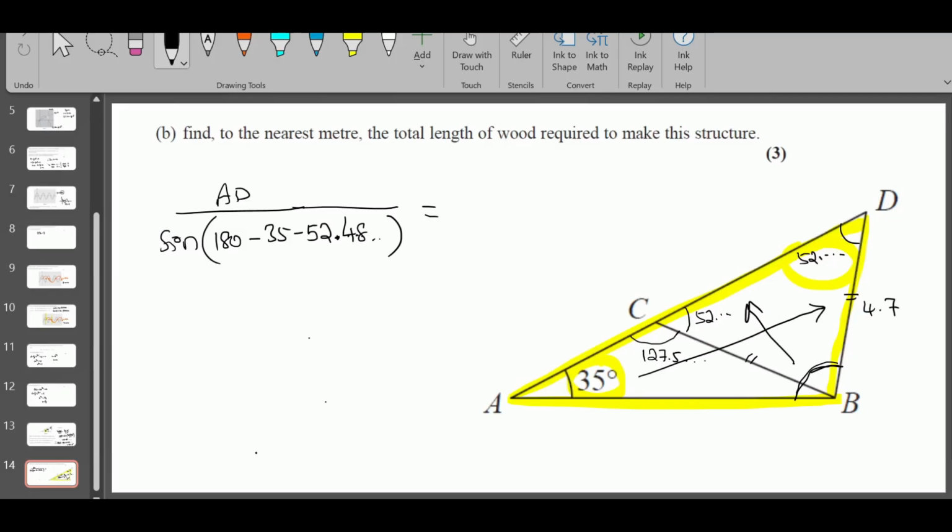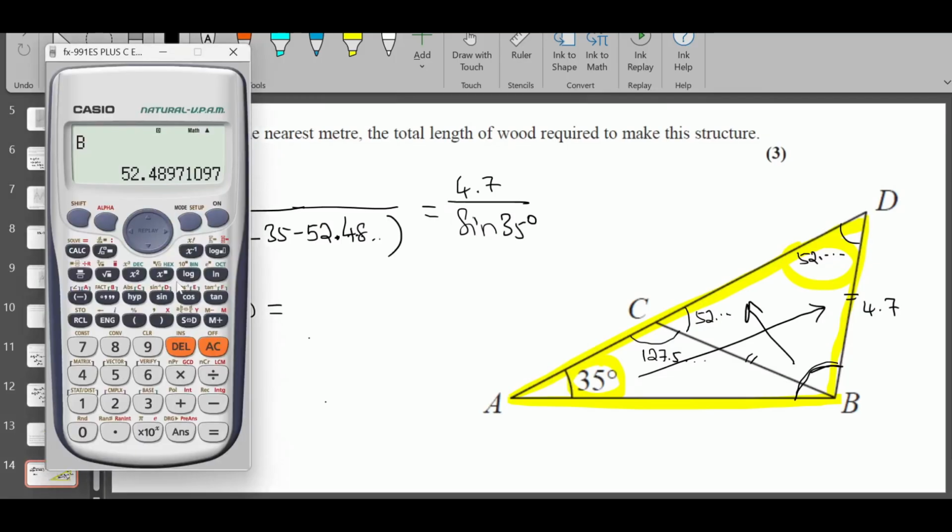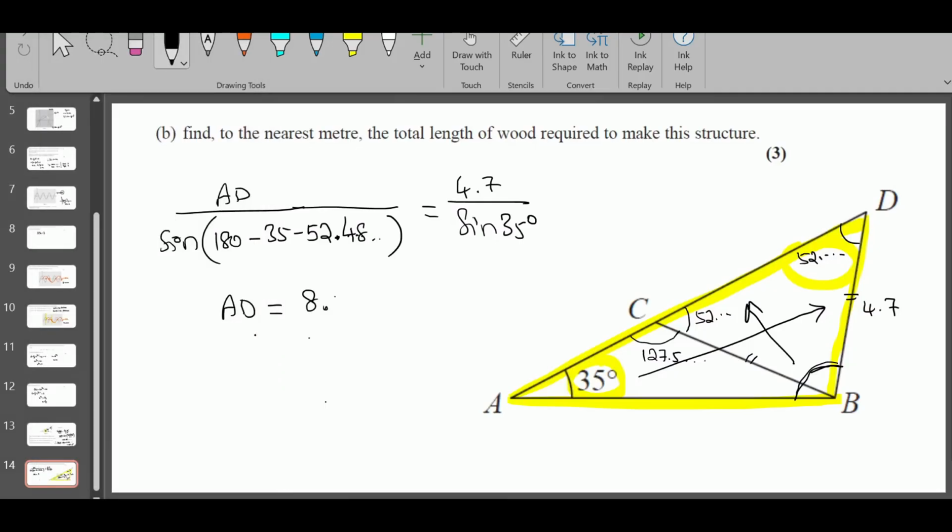We know this side is 4.7, so 4.7 divided by sine 35 degree. So we can calculate AD from here. I'm going to write it as 4.7 times sine of 180 minus 35 minus 52 point something, I stored it as B, divided by sine 35, 8.186 dot dot dot. That's the total length of AC.